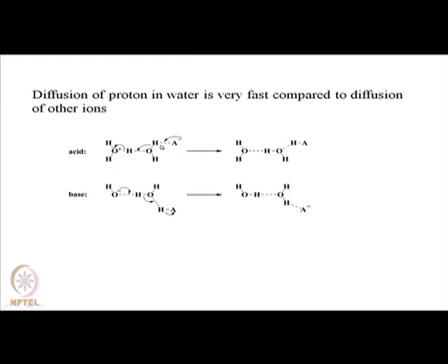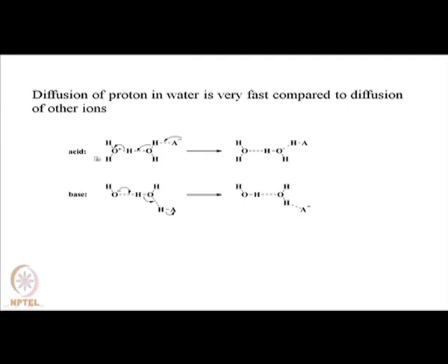So, effectively the proton has been taken from here. Net, there is a two-step jump, although for other ions, like heavier ions, this does not happen.